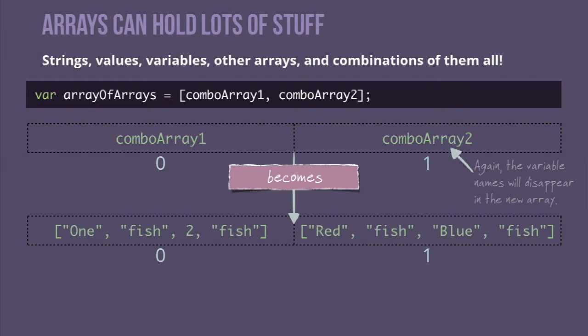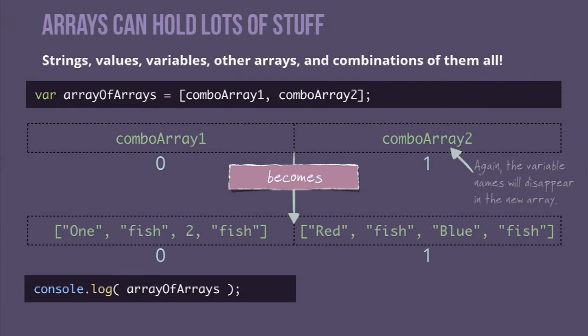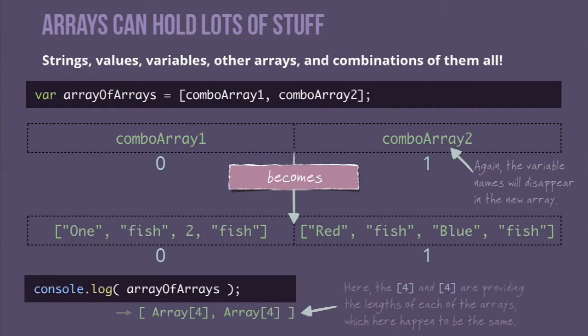You can see that when we use console log to print out the array of arrays to the console, we can see that it returns an array that contains two arrays, each of different length. Notice also that the names of combo 1 and combo 2 have disappeared inside array of arrays.